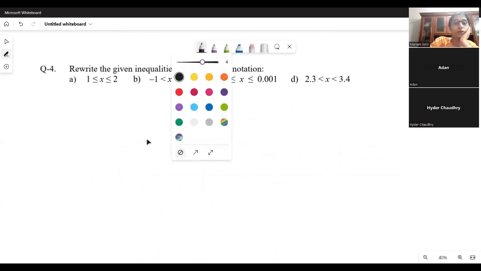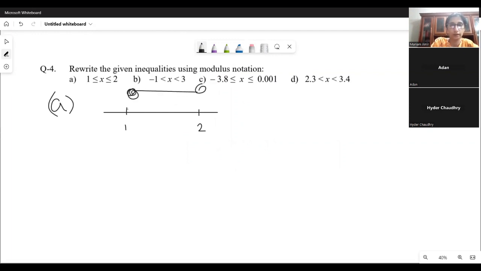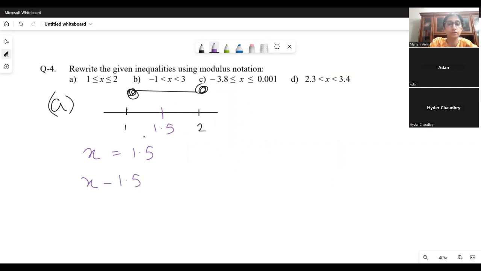So we have part A. You should be drawing a number line, 1 till 2, and this is your inequality. So the inequality has been represented on the number line. First thing you need is the midpoint of 1 and 2, which without any working is 1.5. So you can start with x equals 1.5, and then you can bring 1.5 to the other side, and place modulus over here.